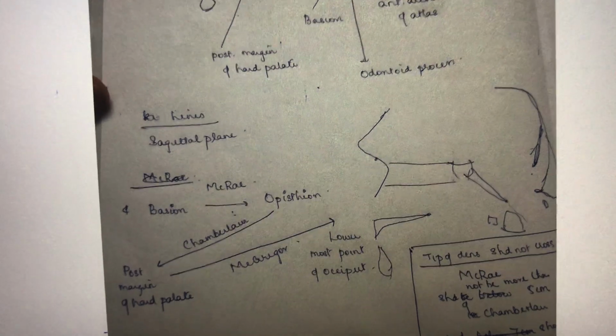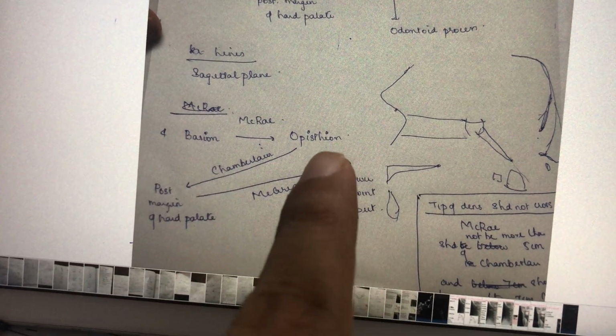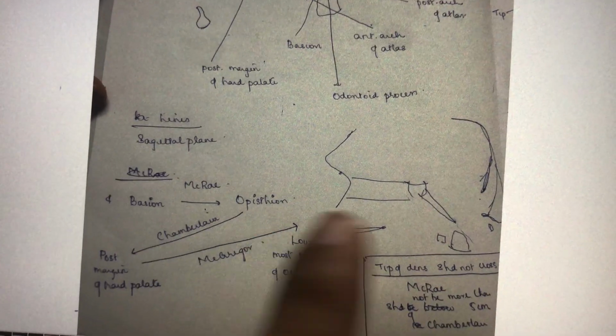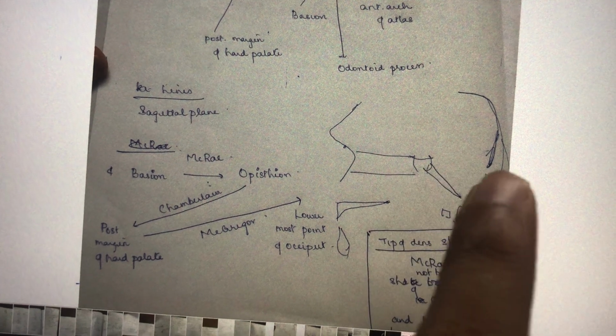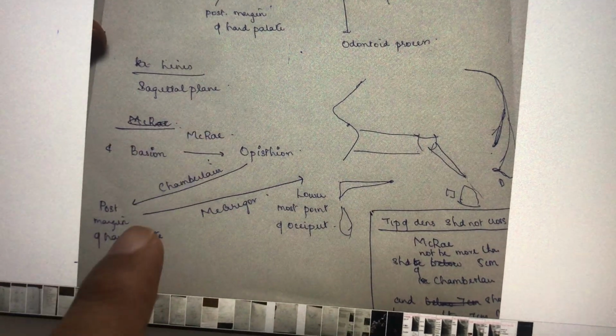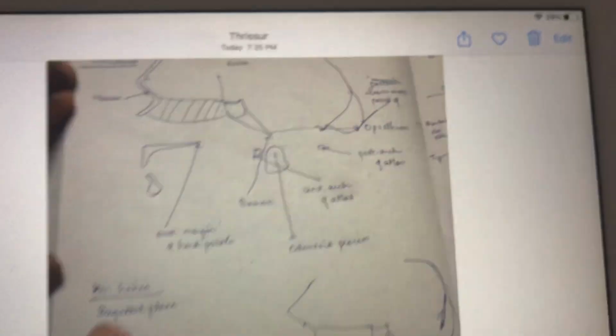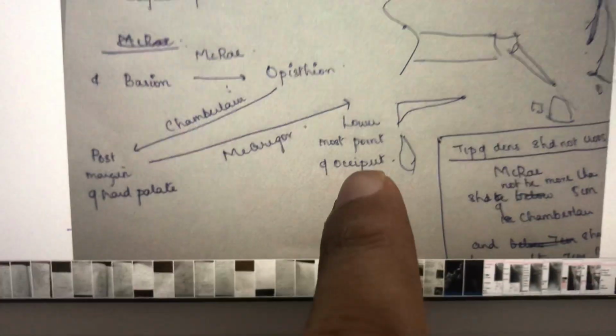So, lines on the sagittal plane. One easy way to remember, since it is very complicated: remember 4 points. One is basion, opisthion, as you can see in this image, then the posterior margin of the hard palate, and also the lowermost point of the occiput.